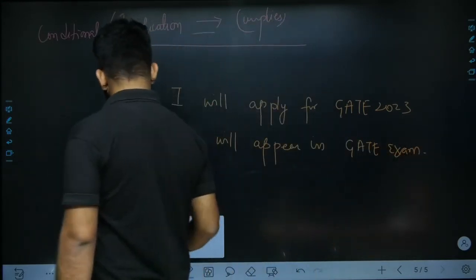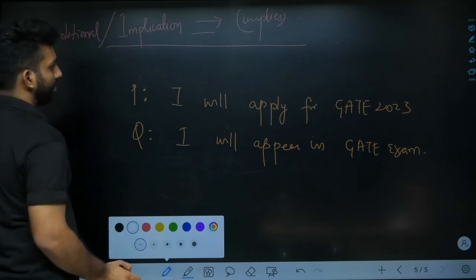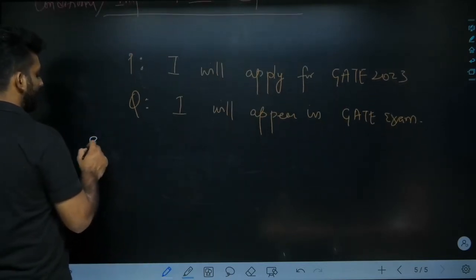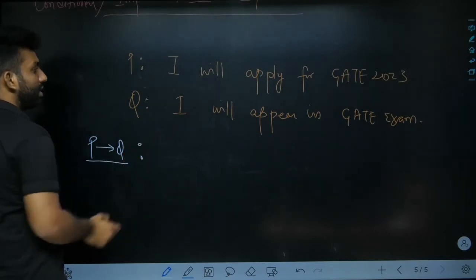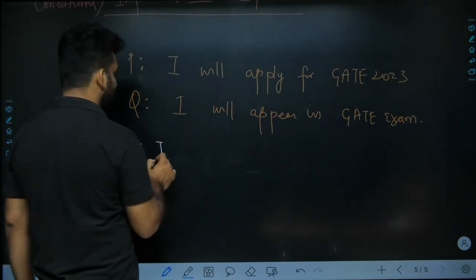Okay. So let's see. If I write like this, P implies Q, then what does it mean? It means, see over here, this is very important.